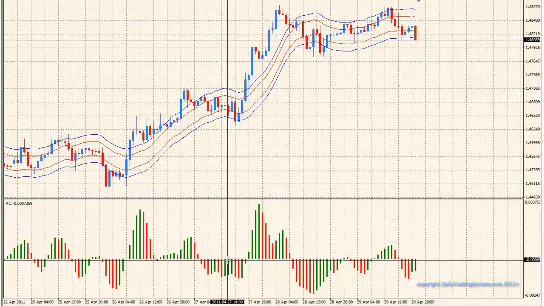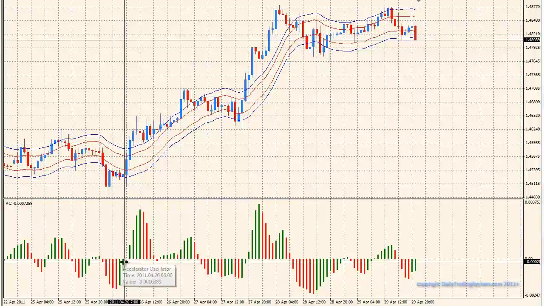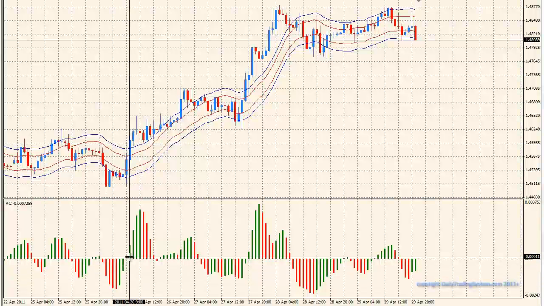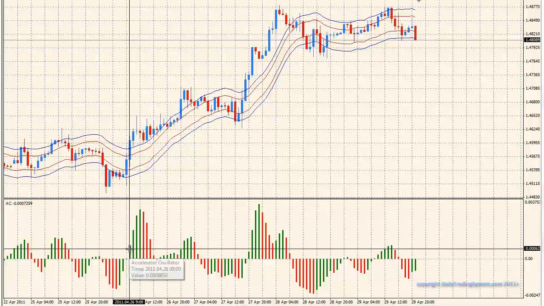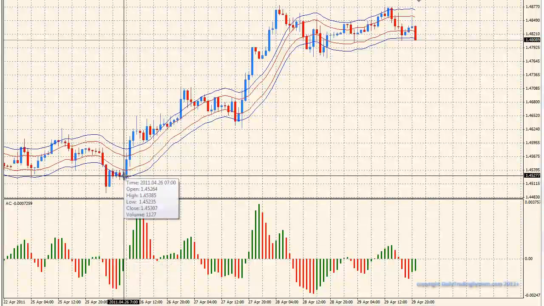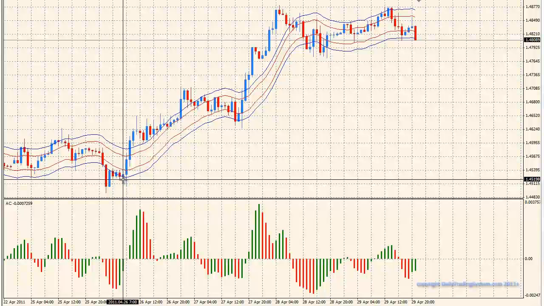Anytime you see that these green bars come below, give yourself a heads up to say, okay, this might not turn into a profitable trade, or you might not get so much out of that trade. When you see that the bar on the Accelerator Oscillator goes above the vertical scale and lines up with the close here, then that's a pretty good trade.